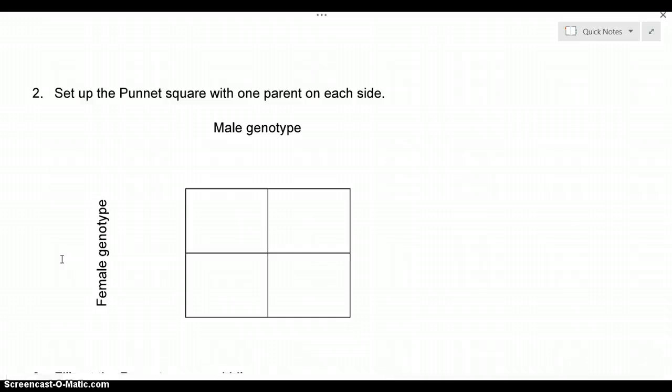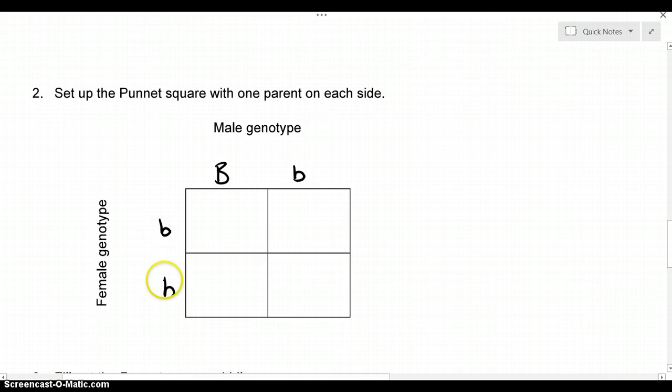Good. If we go to our Punnett square, now we don't know which one belongs to the male and which characteristic belongs to the female, so we're just going to write a capital B, small b, and small b. Right, just how do we get to that?